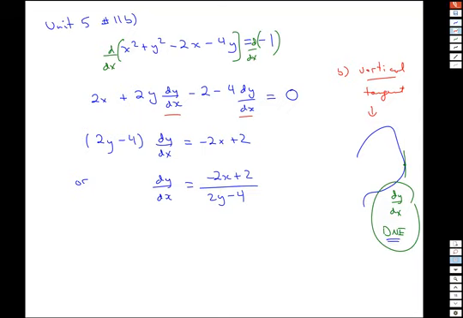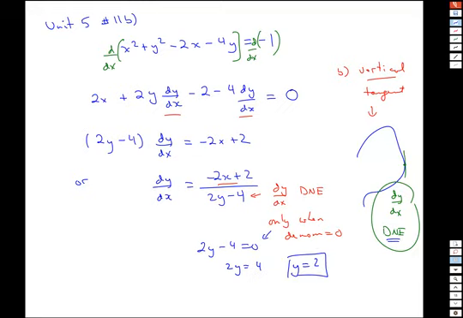The only way to blow up this particular calculation is to have dy dx does not exist only when the denominator equals 0. The numerator, any x will do, it'll always give me a number back, but I definitely cannot divide by 0. So 2y minus 4 equals 0, and so 2y equals 4, y equals 2. That would be the y coordinate which leads to dy dx undefined.